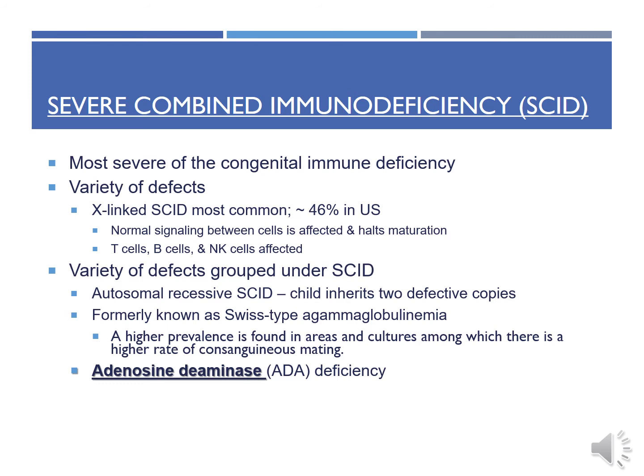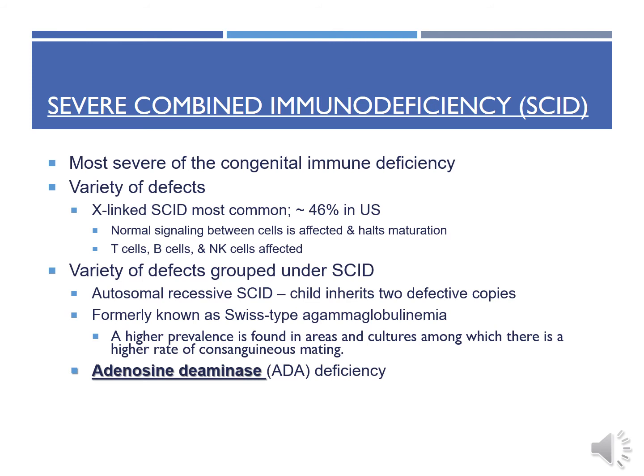So if you think back to our cytokine lectures, what is interleukin-2? Interleukin-2 is that growth cytokine, right? So if these growth receptors are not functioning properly, then we cannot have differentiation and growth of our T cells and B cells and NK cells, etc. So it halts maturation.